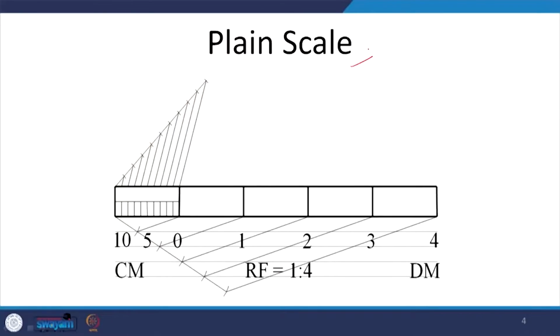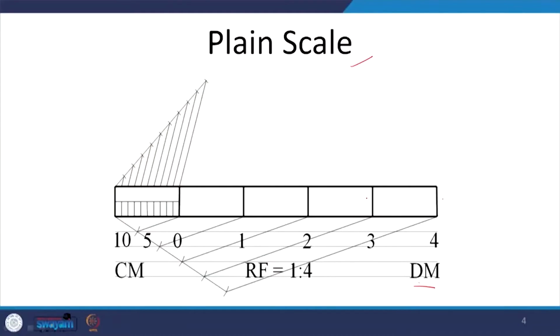So, this is a plain scale, the first one is a plain scale, and what we do here is that we would simply draw a straight scale. We would divide it into some equal number of units, sufficient enough to measure the maximum dimension on this drawing, whatever drawing is given.